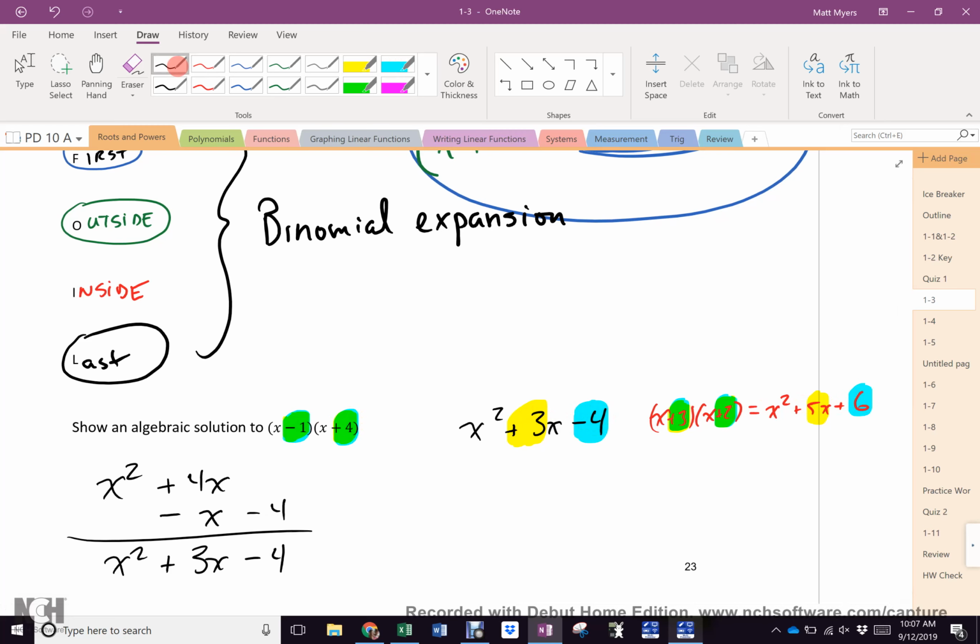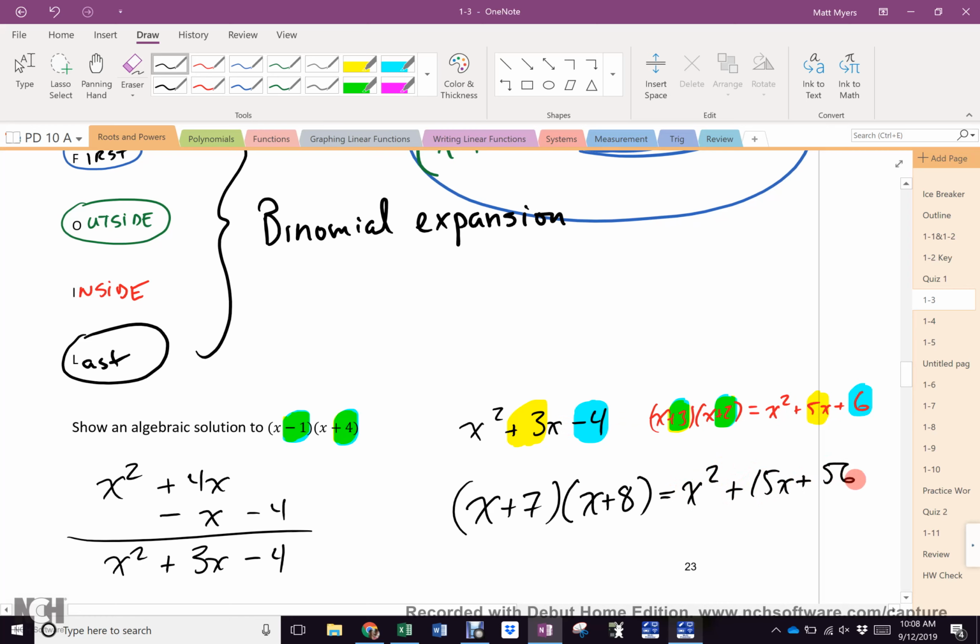What's the gift? If I gave you this without doing FOIL, what's the answer? X squared plus 15x plus 56.